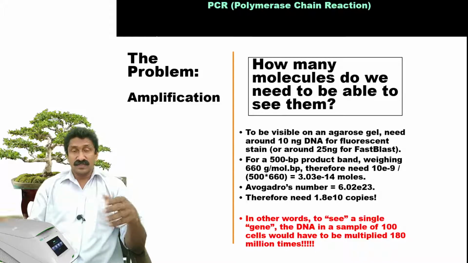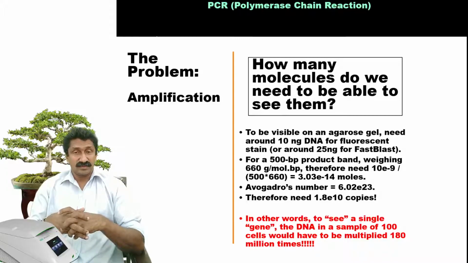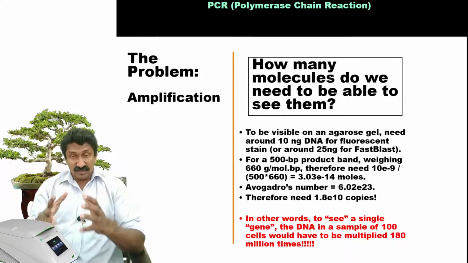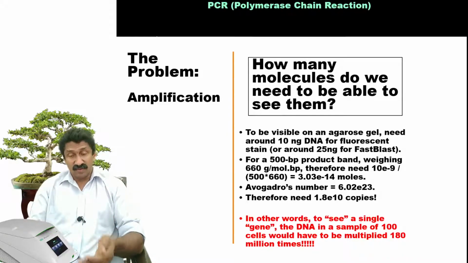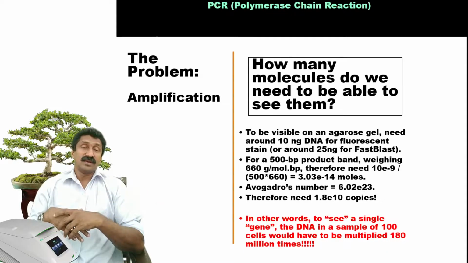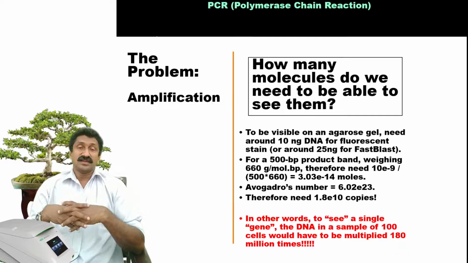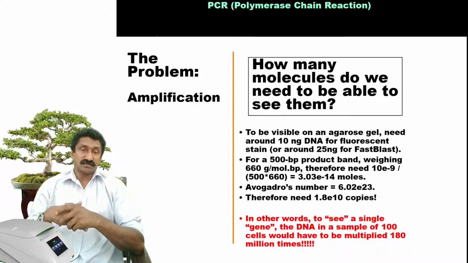So if such a gene is normally represented in a cell as a single copy, then 1.8 x 10^10 copies, or that number of cells, is required, and all the DNA needs to be extracted. Then you have to try visualizing it, if you are cutting it out from such a culture system or cell-based system. So that is quite difficult.